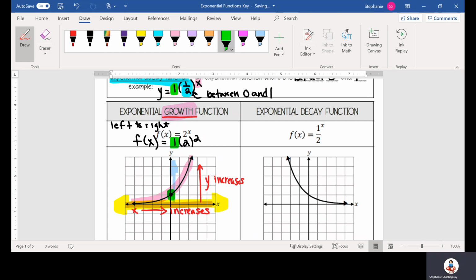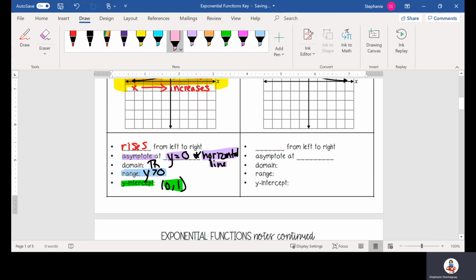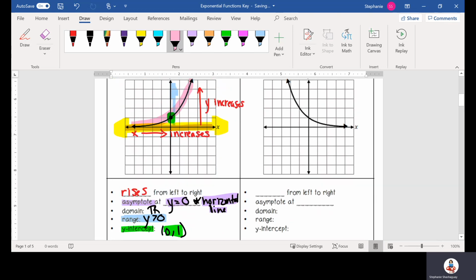And that 1 is always going to be our y-intercept because that 2 is our ratio. And I put 2 and it shouldn't be, that should be x power because that's the variable, that's what's changing, is our input. Okay. So our y-intercept here is going to be 1.